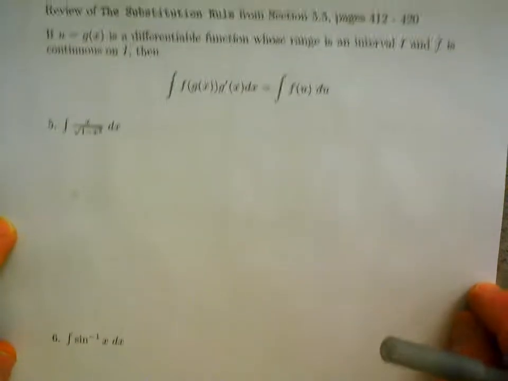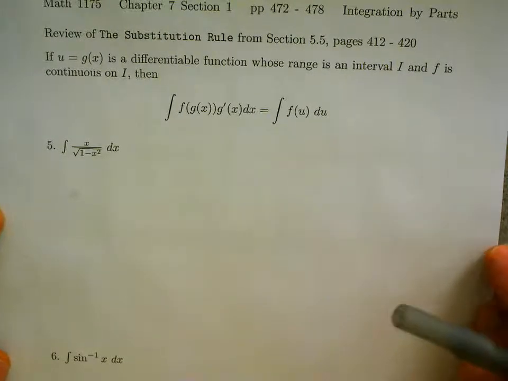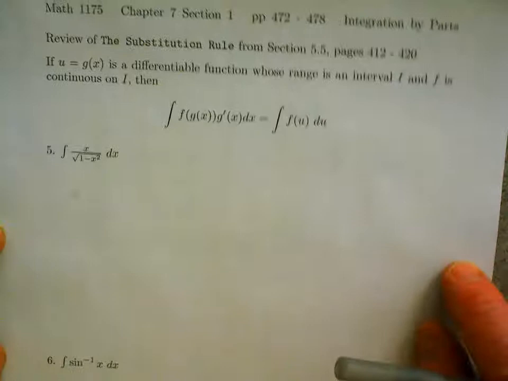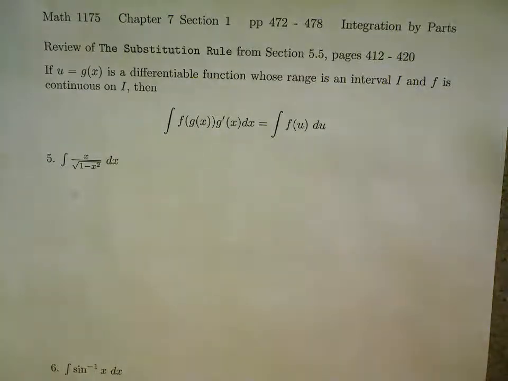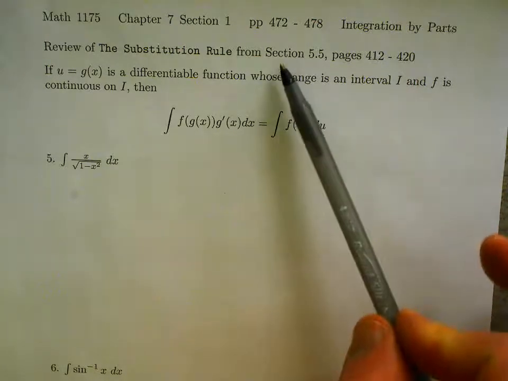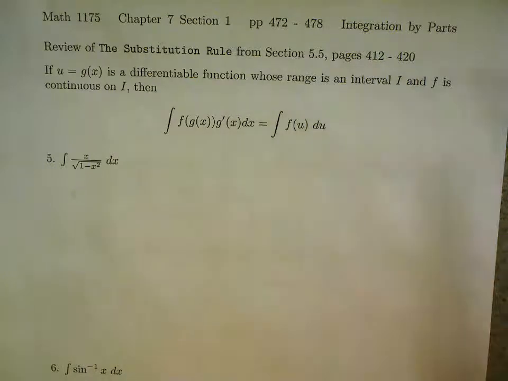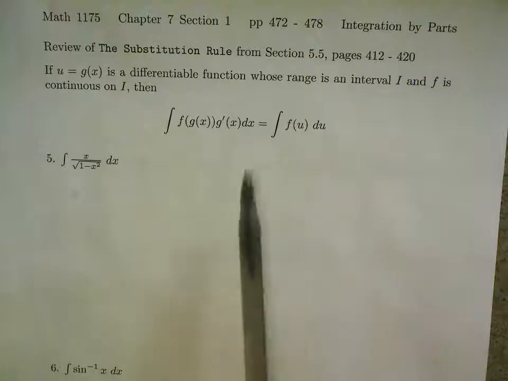We're going to review one of our integration formulas called the substitution rule from Calculus 1. So in the textbook, section 5.5 is the substitution rule. This is the integration formula that corresponds to the chain rule differentiation formula.